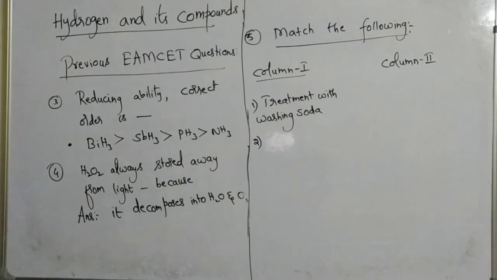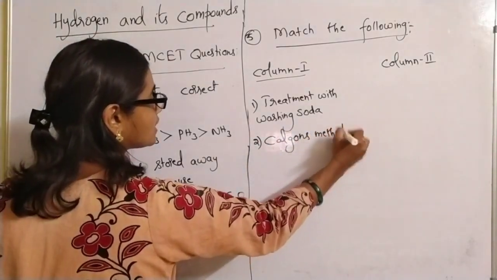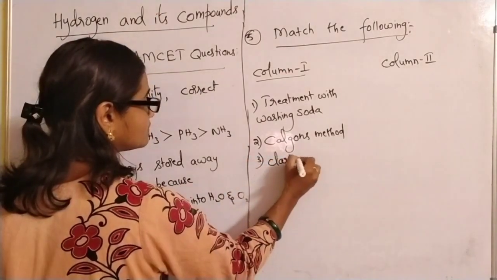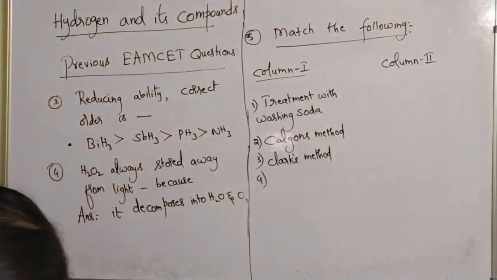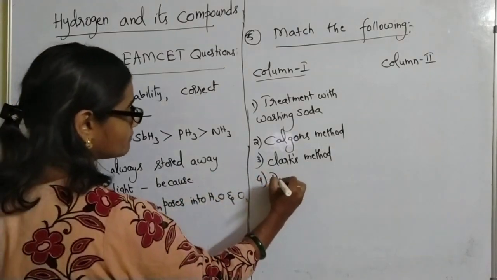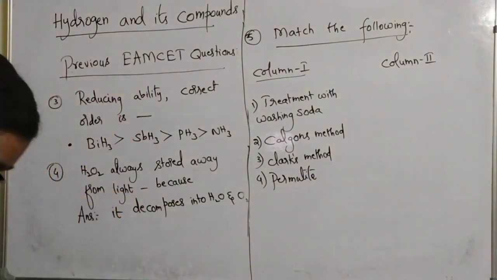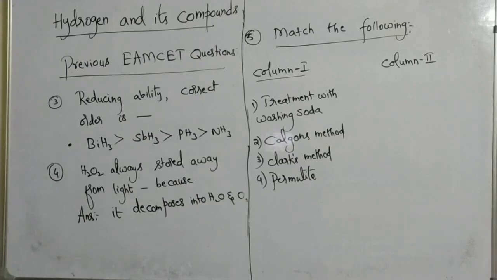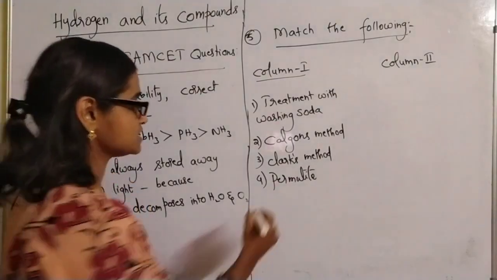Calgon's method, Clark's method, and permutit process.